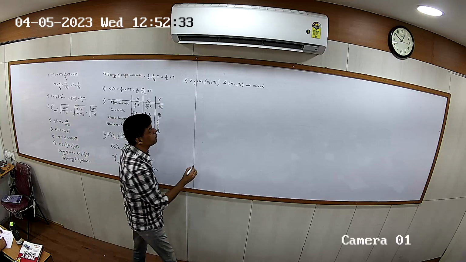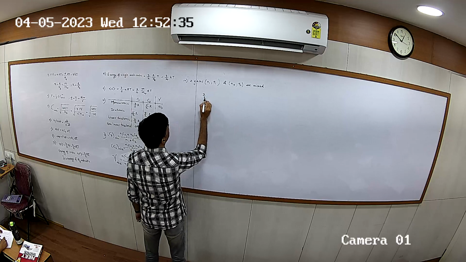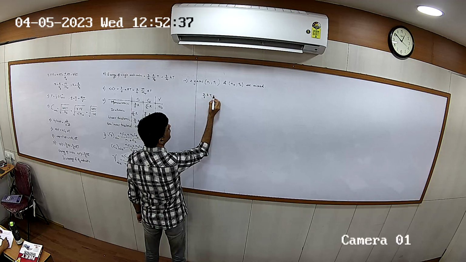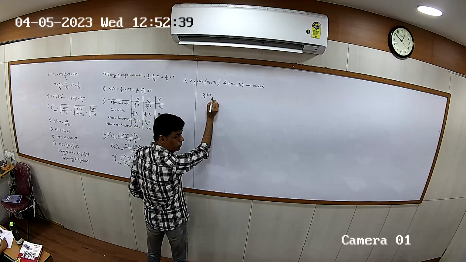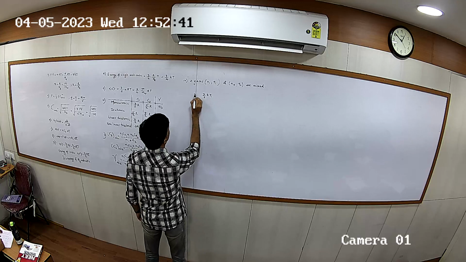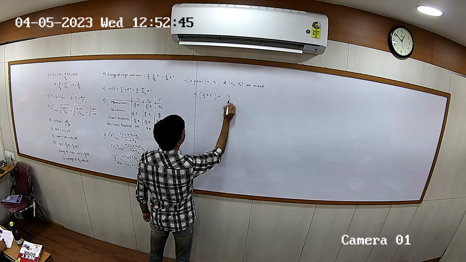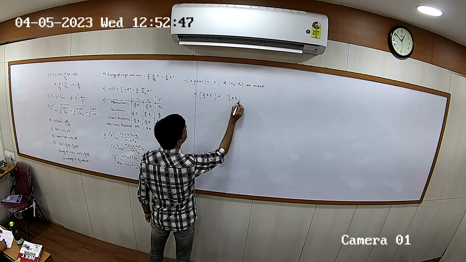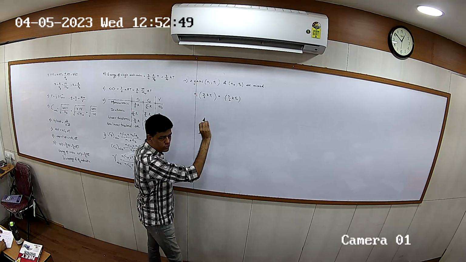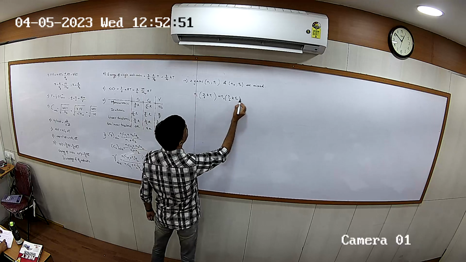I mean to say 3 by 2 kT1 is the energy of one molecule of the first gas, and such N1 molecules are there. 3 by 2 kT2 is the energy of one molecule of the second gas, and there are such N2 molecules.